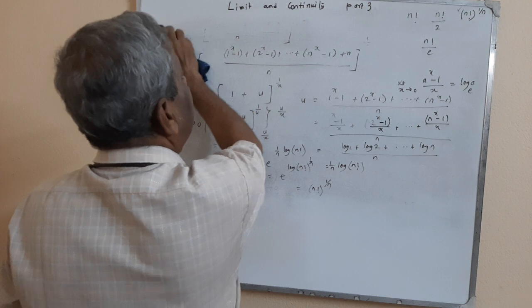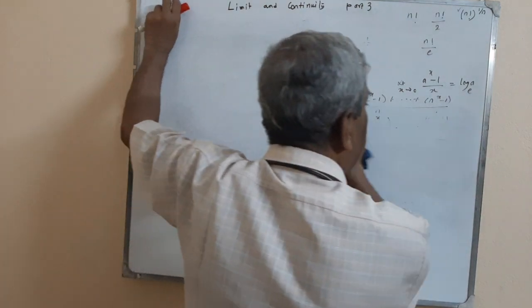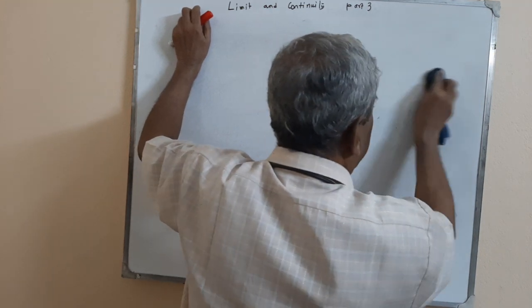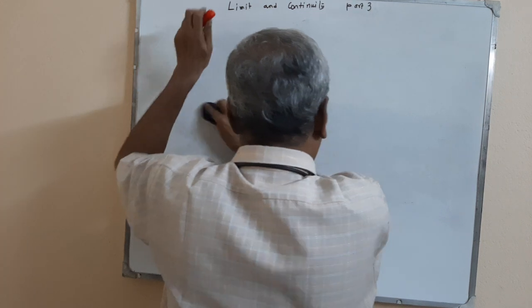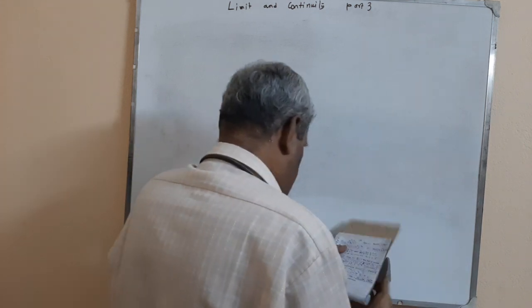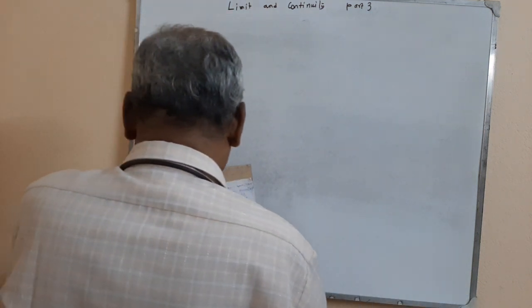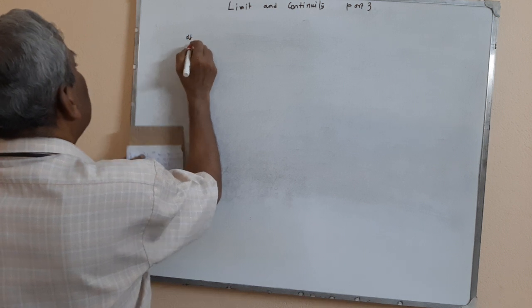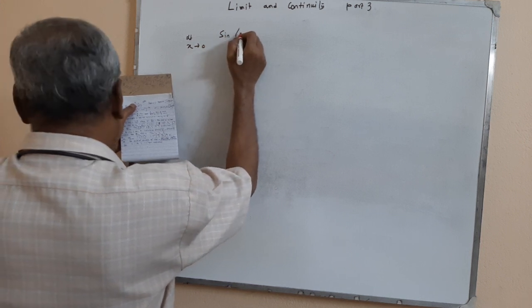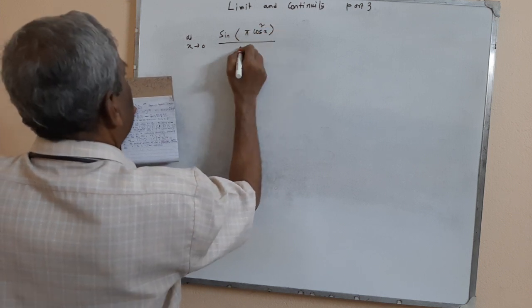Next, limit x tends to 0 of sine of (pi cos square x) by x square.